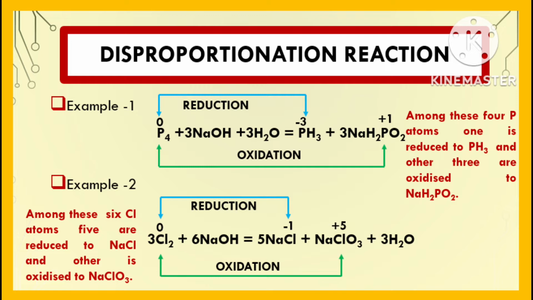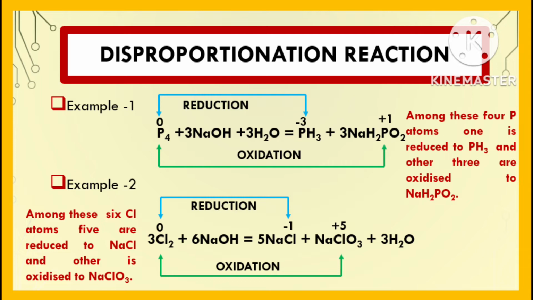Now I am giving a few examples of metals which can remove H2 from acid. First example, Zn plus 2HCl. It will form ZnCl2 and hydrogen will be removed, plus H2.